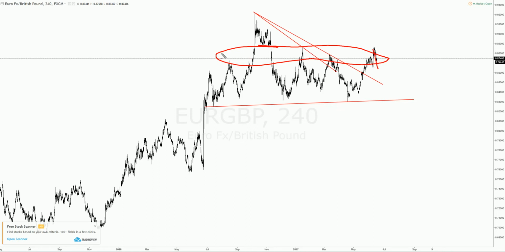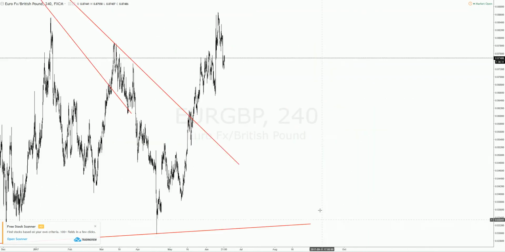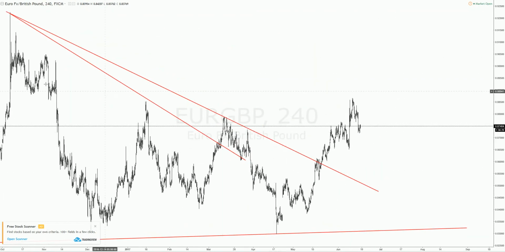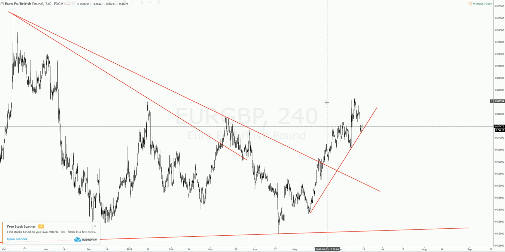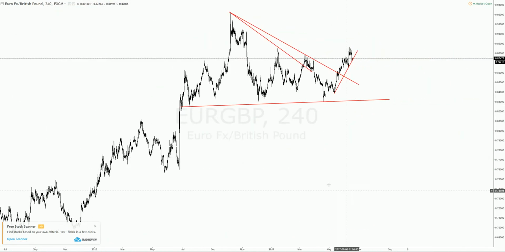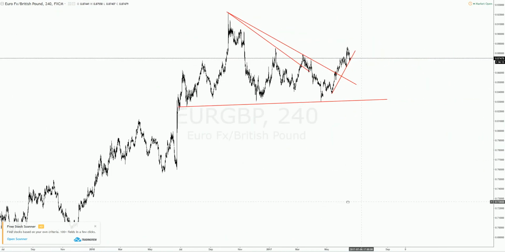Why? Because it found resistance here before. So for now it's working out, but I would like to see how it's going to behave. It is respecting the trend line. So the next time up we could break out, where the euro will outperform the pound, and it's going to be interesting to watch how it plays out.